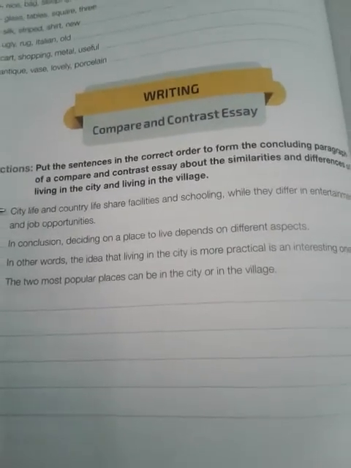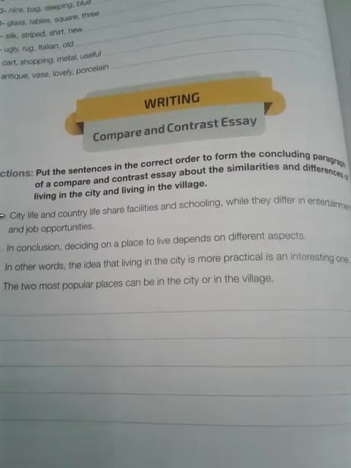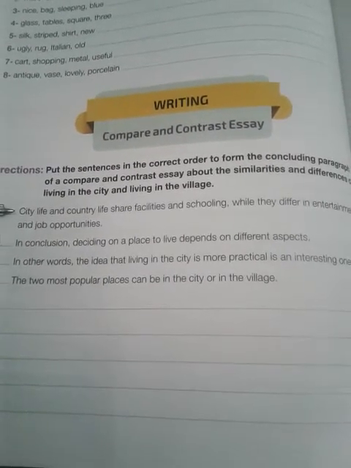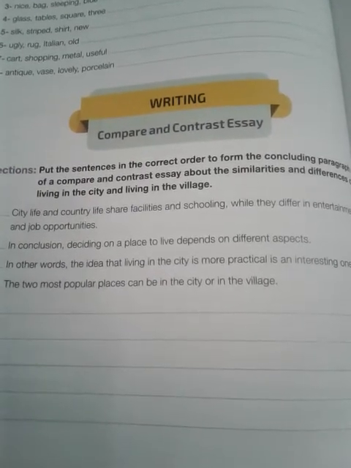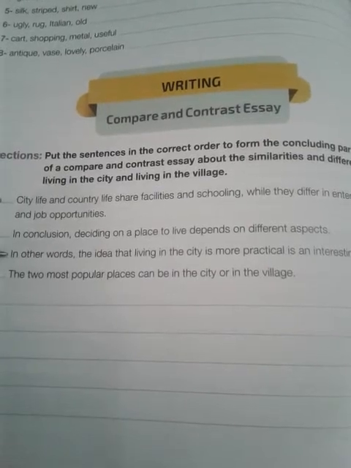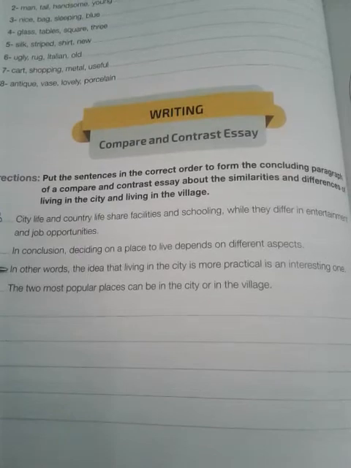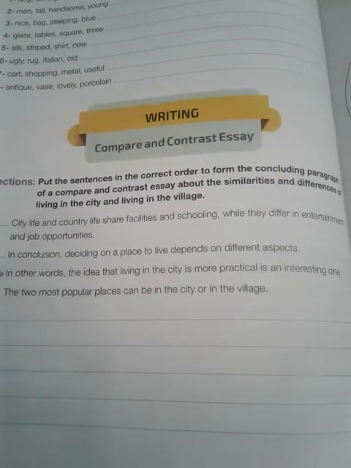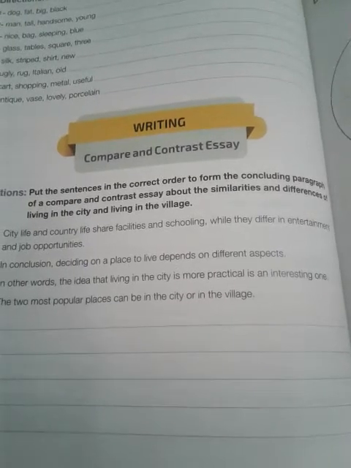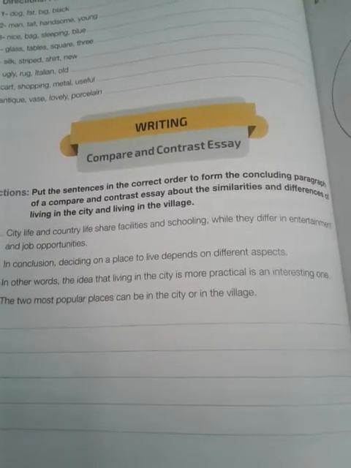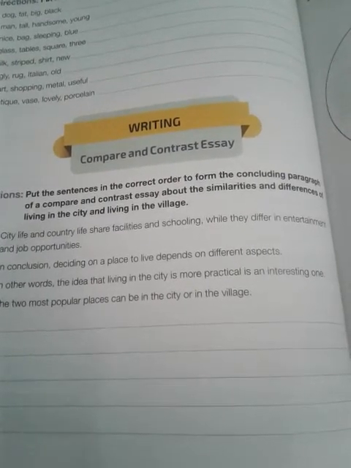We start with the first one. City life and country life share facilities and schooling, while they differ in entertainment and job opportunities. Let's read this sentence now. In other words, the idea that living in the city is more practical is an interesting one. What am I doing here? I'm giving my opinion. Usually the final thought is which sentence in the concluding paragraph?